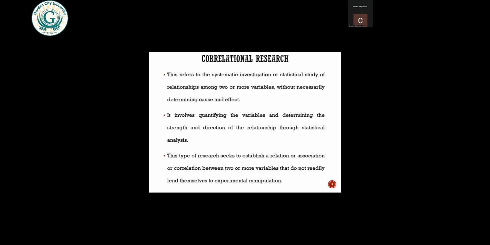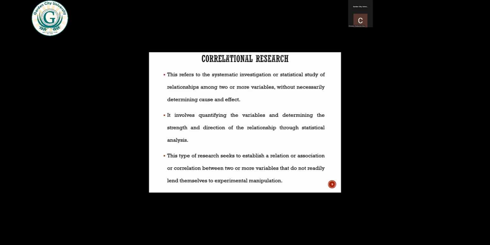So for correlational research, you require statistics. With this type of statistics, you want to find out how two different variables, or even more than two variables, are related.